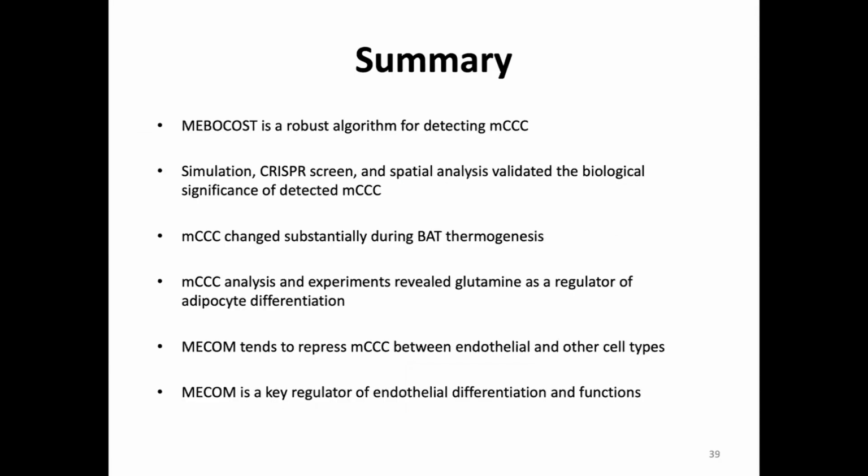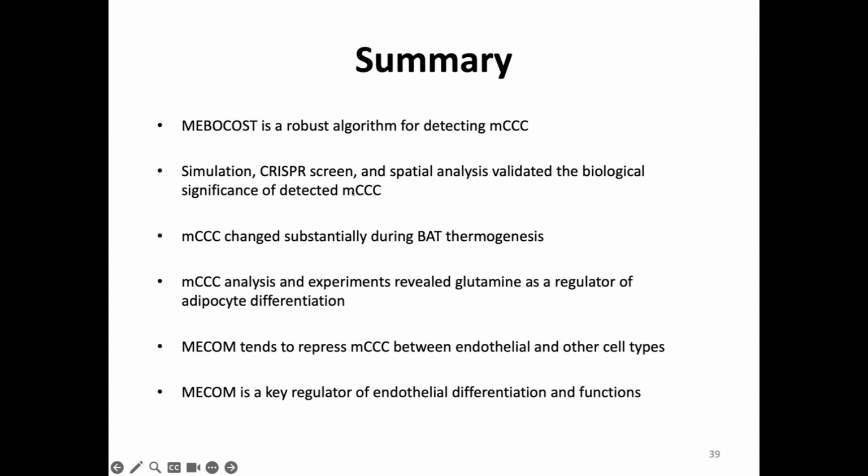So in summary, we developed MEBOCOST to detect the metabolite-mediated communication between cells based on single-cell RNA-seq data sets, in combination with flux balance analysis.